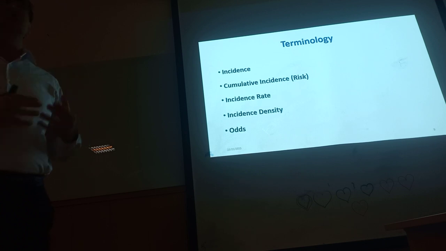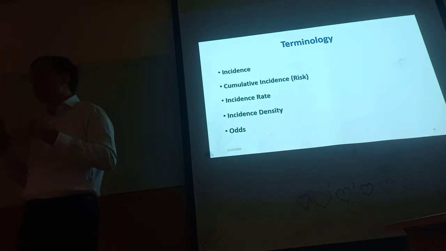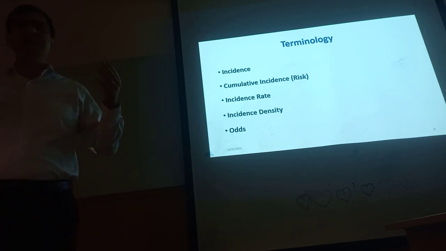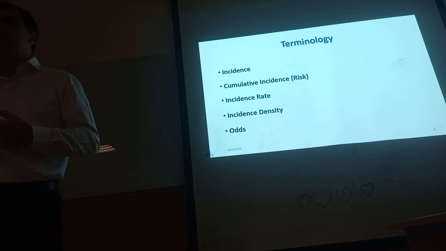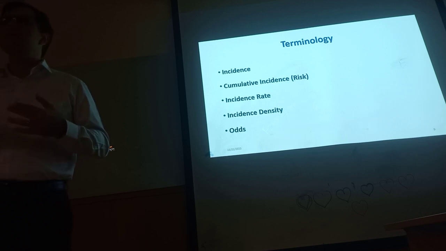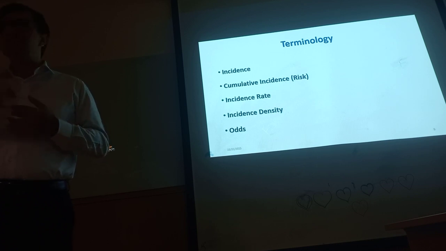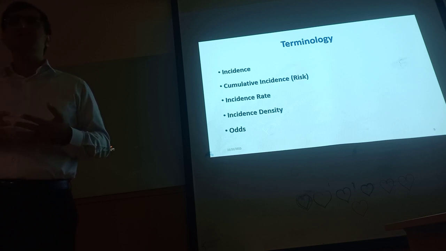So if the probability of winning for the horse is 75%, so you imagine that you know or you guess that the probability of winning this horse in this race is 75%. The probability or the risk is 75%. Probability of not winning is 25%.